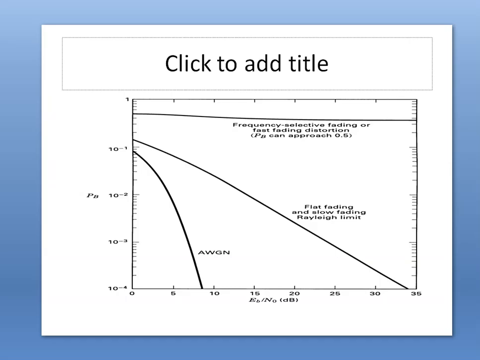Let us consider the Eb/N0 value approximately equal to 5 dB. At 5 dB of Eb/N0, the AWGN channel gives approximately 1 by 10 to the power of minus 2, that is 1 by 100. At the same value, the flat fading will result in 1 by 10, that is 0.1. At the same value, the frequency selective fading will result in 1.